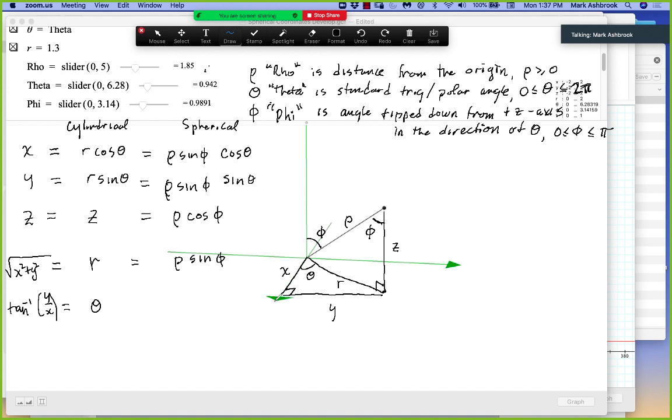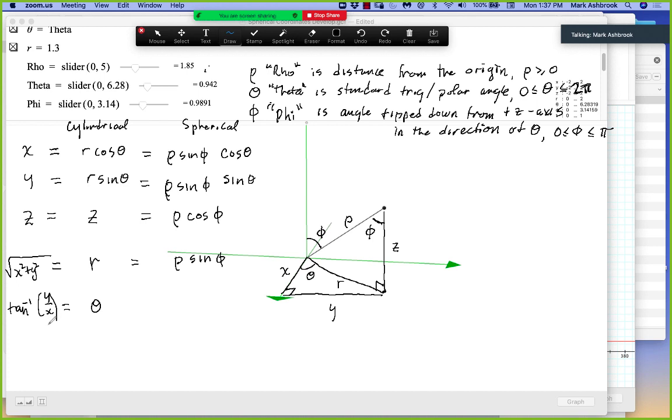Remember that if your angle is in second, third, or fourth quadrant, you'll have to make an adjustment. Arctan will always give an angle between negative pi over 2 and pi over 2. So for angles, we did an example like this Friday. For any angle in the second, third, or fourth quadrant, like greater than pi over 2, this will not give you the angle directly. You have to make an adjustment. You have to figure out what it is.